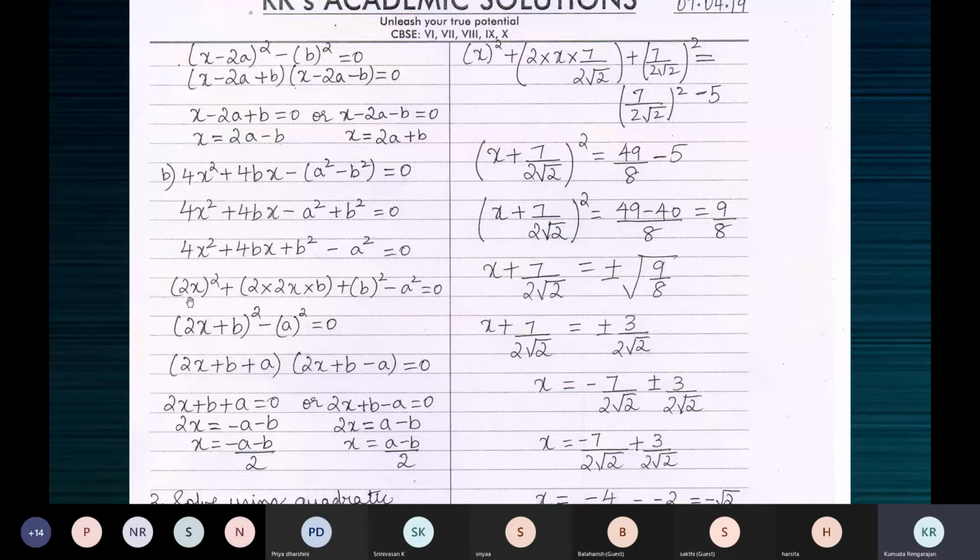Now these three terms. So here p the whole square, and this is q the whole square: 2x the whole square, b the whole square. And now construct the middle term, 2 into 2x into b. Work this out and you get 4bx.